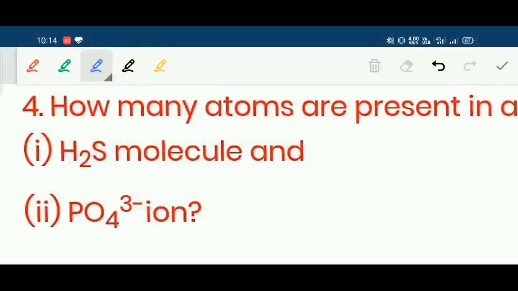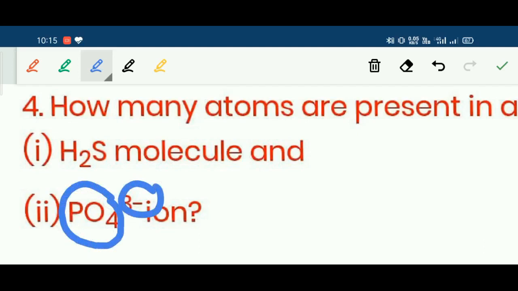Second part, phosphate ion. Now phosphate is a polyatomic ion, and in this case also we have to first of all identify the elements. Therefore, we will first of all focus only on this entity, that is PO4, ignoring the charge. So in this case, we will see that there are two elements present. One is phosphorus and second one is oxygen.